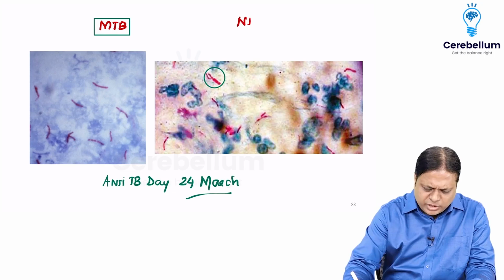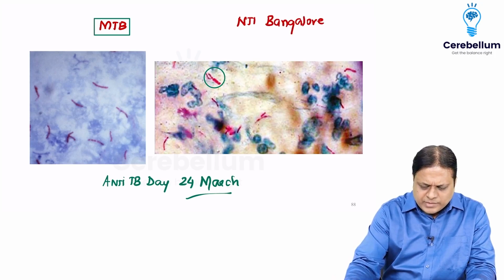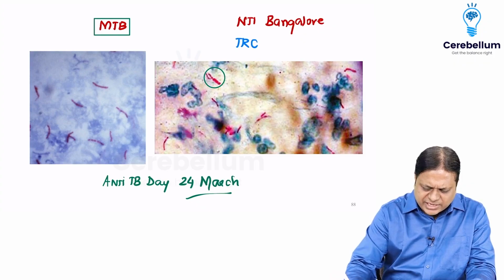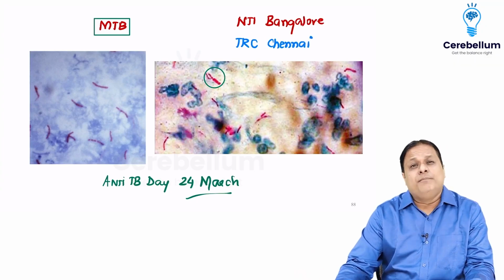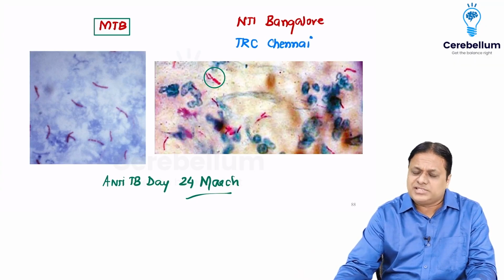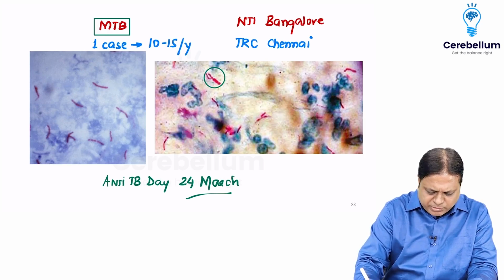Location of National Tuberculosis Institute is Bangalore, and Tuberculosis Research Center is Chennai. Barometer of social welfare is tuberculosis, where one case give rise to 10 to 15 cases per year.